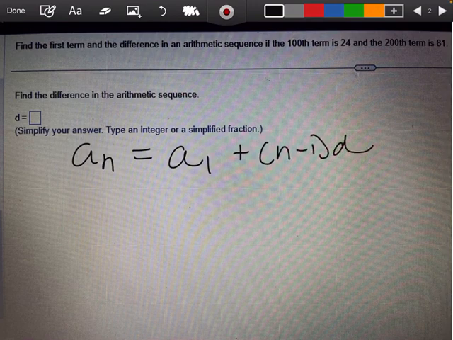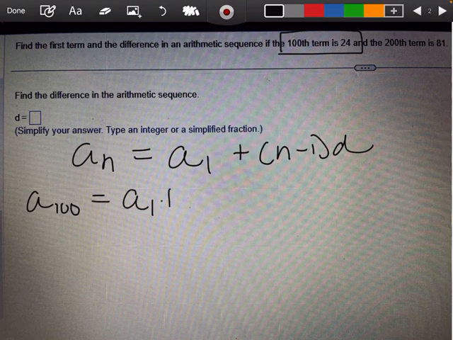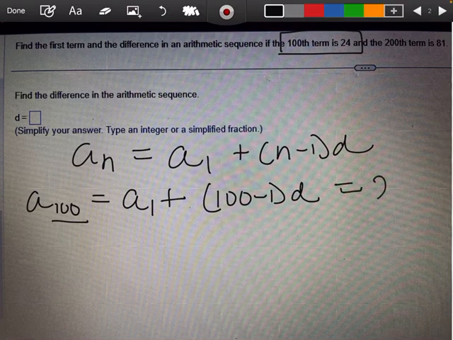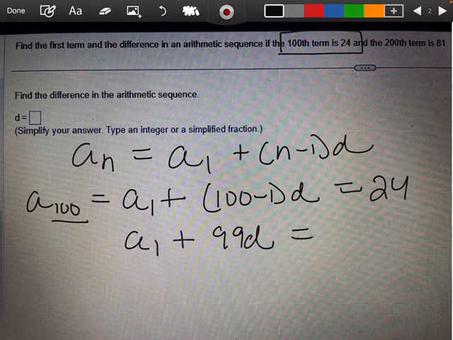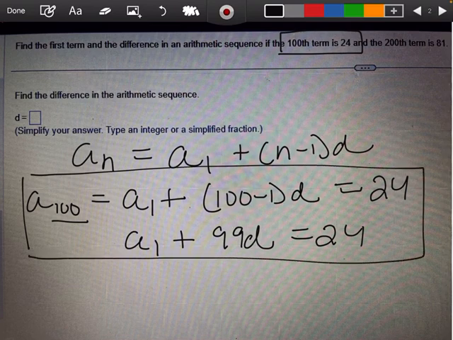We know the 100th term is 24, so a100 is a1 plus 100 minus 1 times d, which is 99d, and that's equal to 24. So we have an expression for the 100th term.